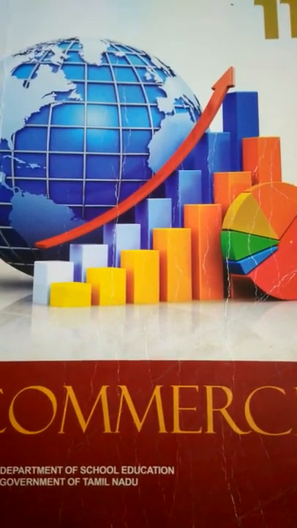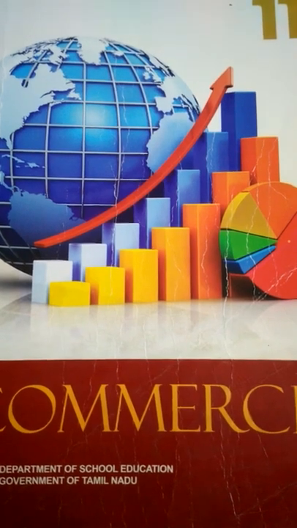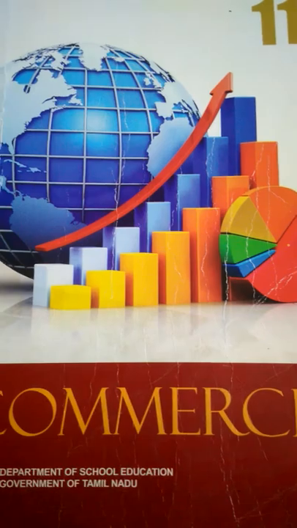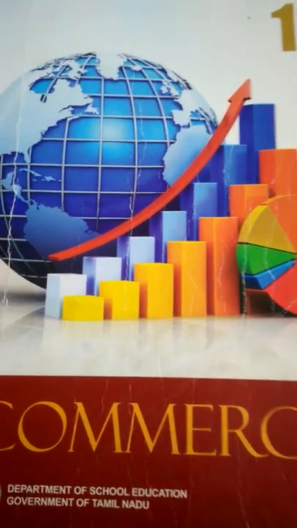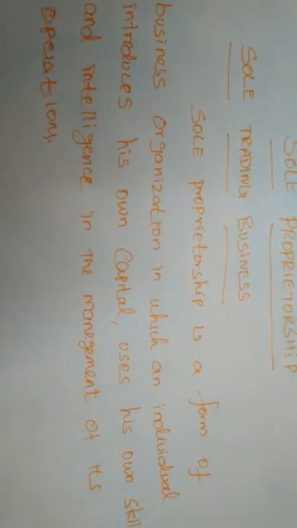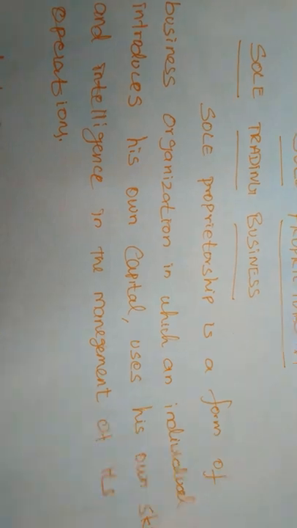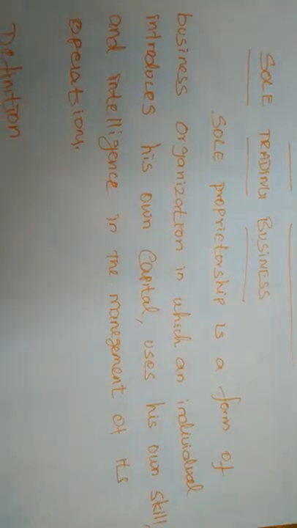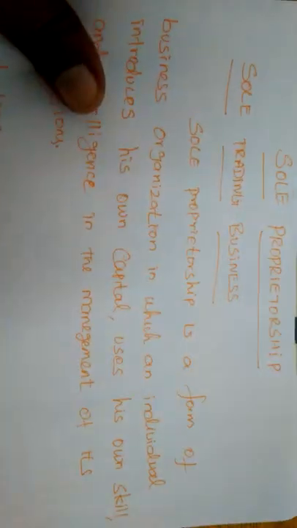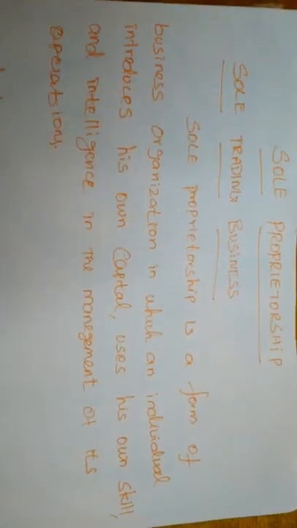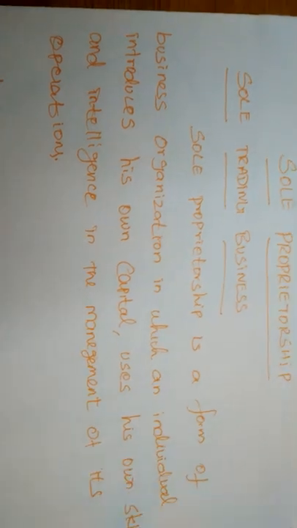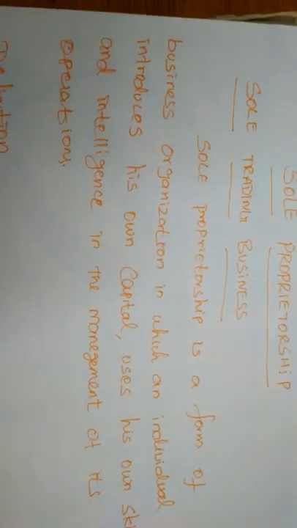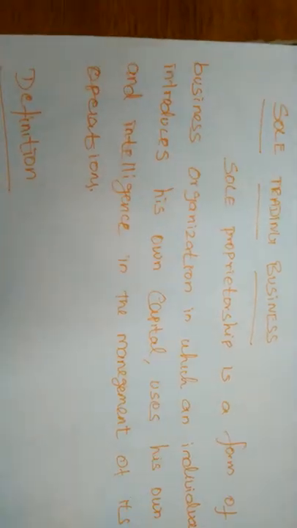Today also we will remind ourselves of yesterday's portions. The sole proprietorship is a form of business organization in which an individual introduces his own capital and uses his own skill and intelligence in the management of its operations.